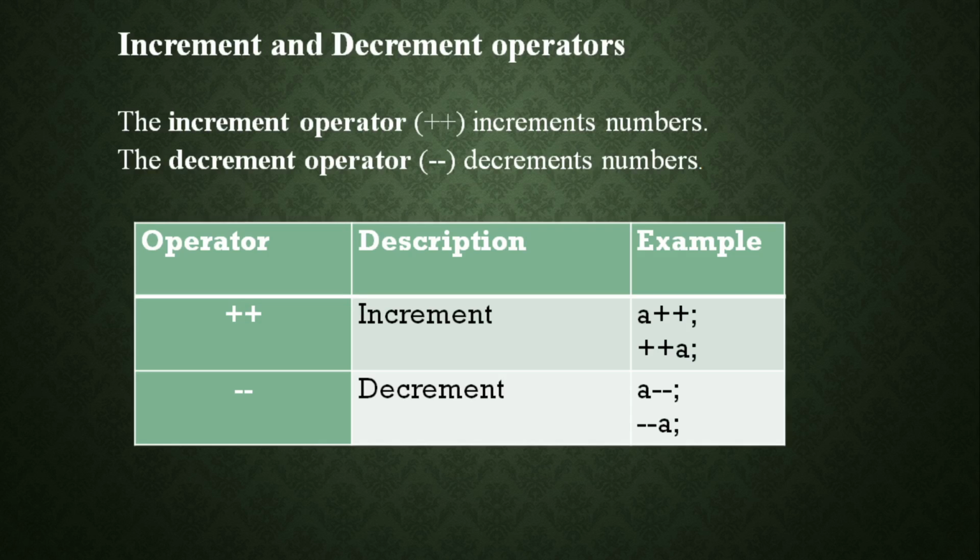These increment and decrement operators are pre-increment and post-increment. In pre-increment, it first initializes the value. That means a equals a plus 1. In this statement, it first evaluates a plus 1 and then it assigns the value to a. Similarly, for decrement, a minus minus.